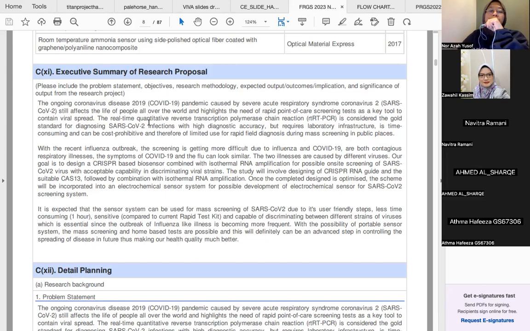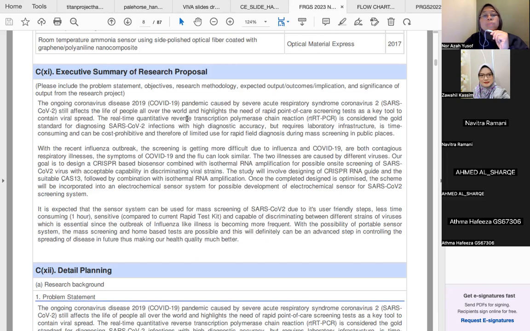Usually, as I mentioned, in proposal writing the words of the executive summary are limited. In this case, I don't remember if it is 500 or 1,000 words, since this is a final form. You can see here that I stated the issue of coronavirus.